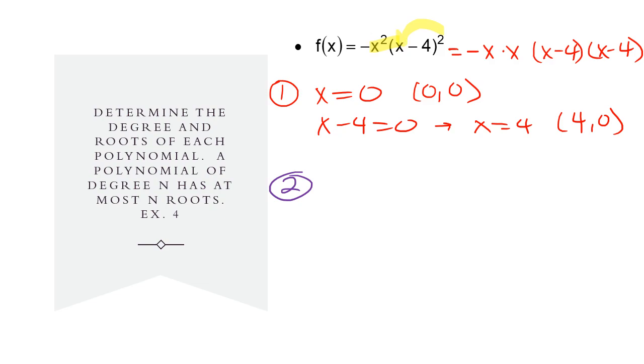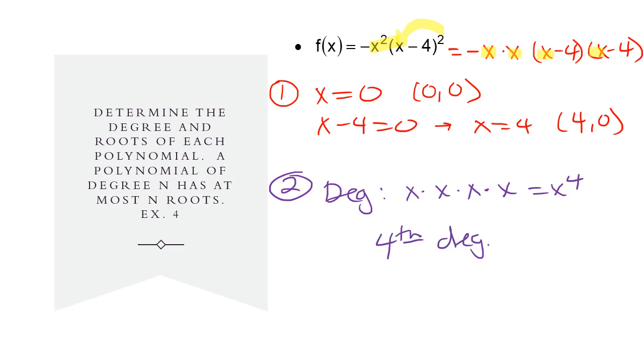You can also look at it in expanded form, you have x, x, x, and x. So when I'm looking at the degree, my leading terms that would all be multiplied together would be x times x times x times x, which would lead to x to the 4. So this would be a 4th degree polynomial.